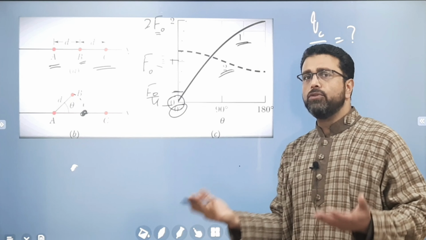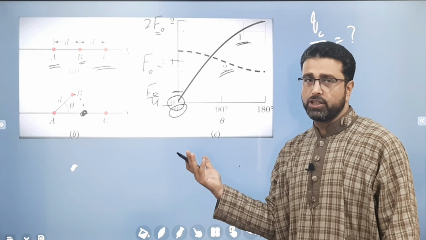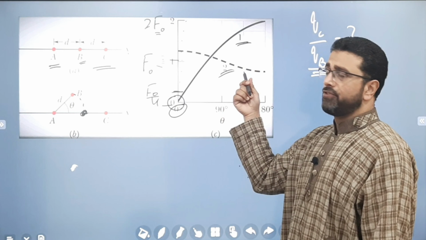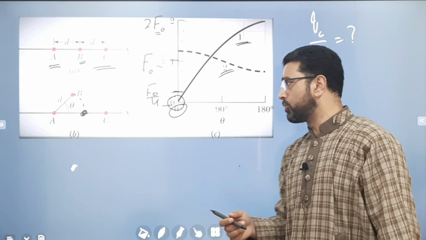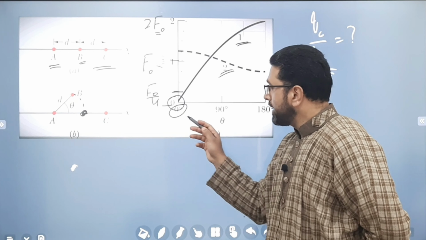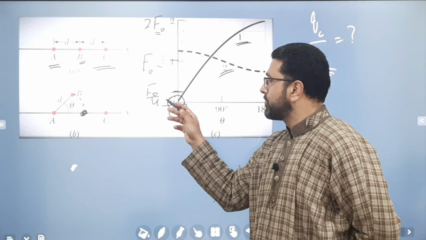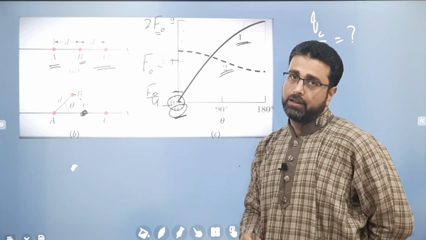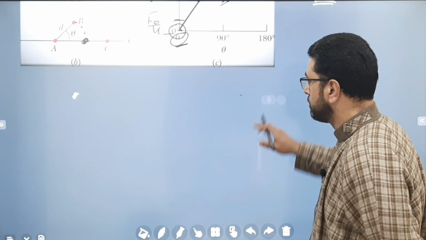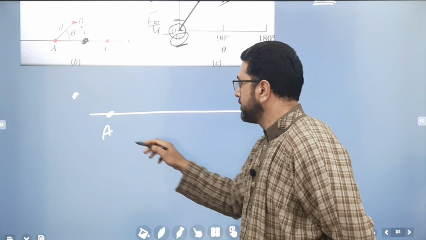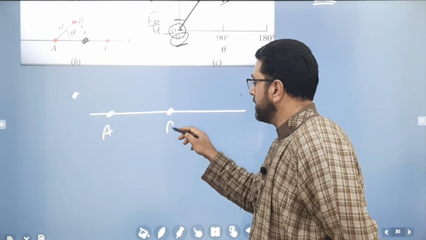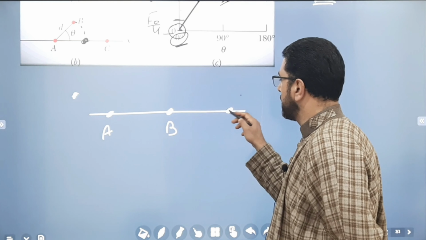It's exactly the same as problems we have done before. Case 2 is different here. Curve 2 is different. Curve 1 is exactly the same as in earlier problems. So note that at theta equal to 0 degrees, the force on particle A is 0, meaning particle A is here, particle B is here, and particle C is here.